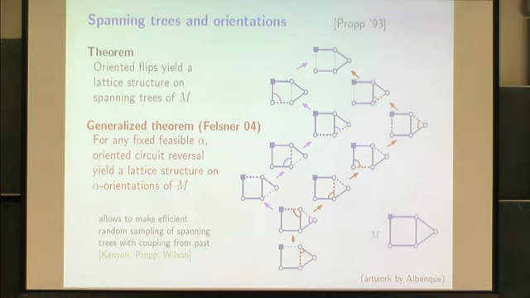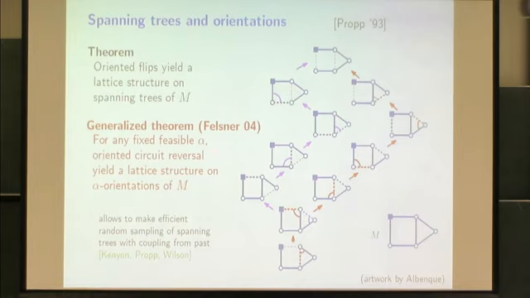In fact, this property that reversing cycles on alpha orientations yields a lattice structure is a general result which is valid for any feasible alpha.